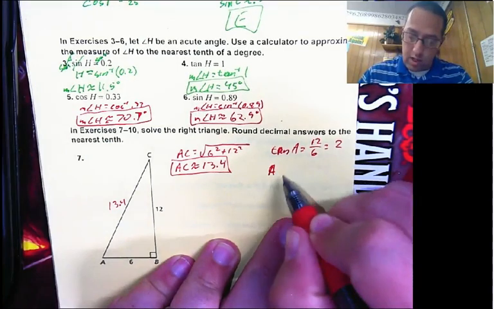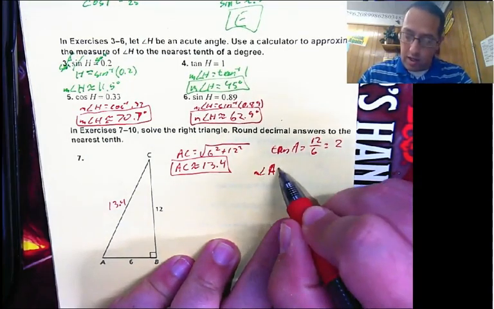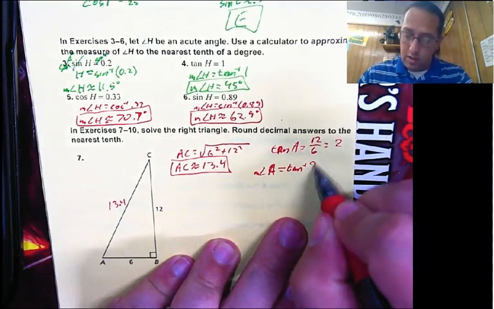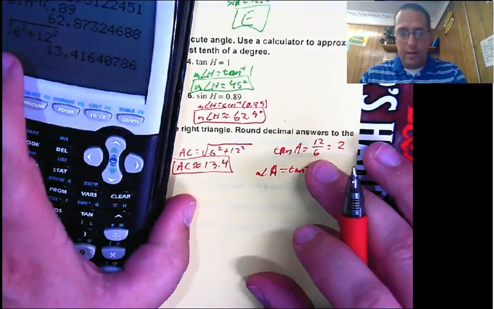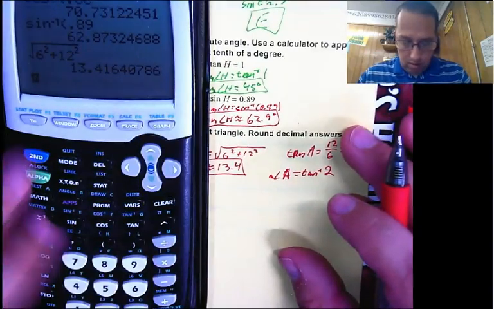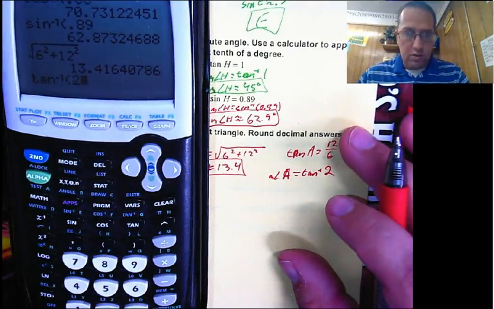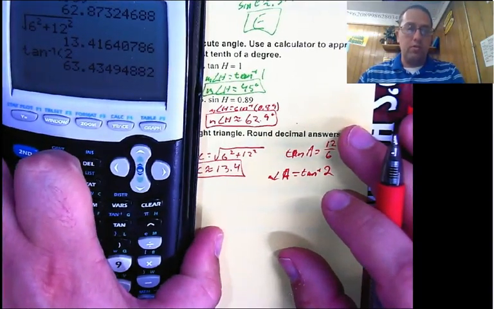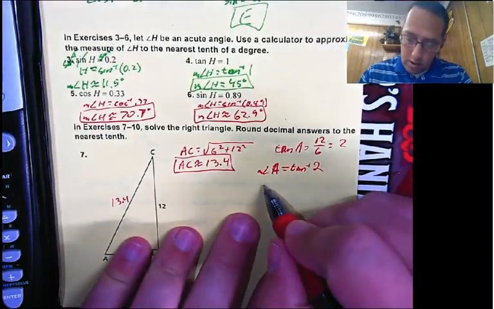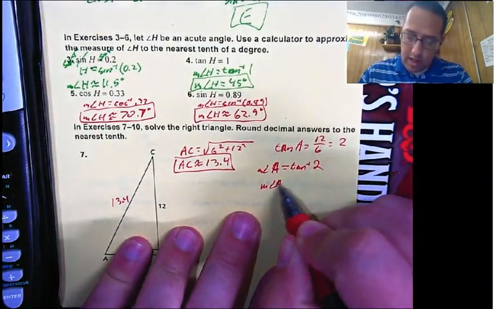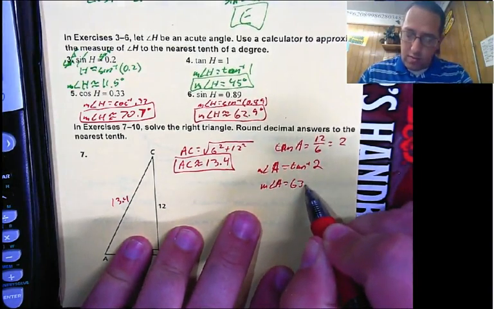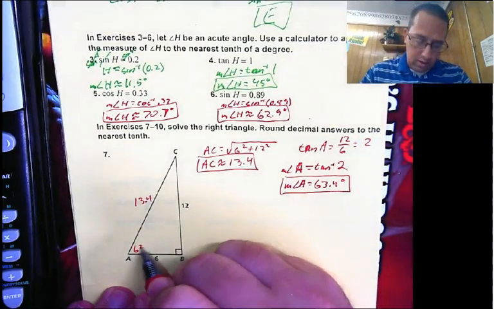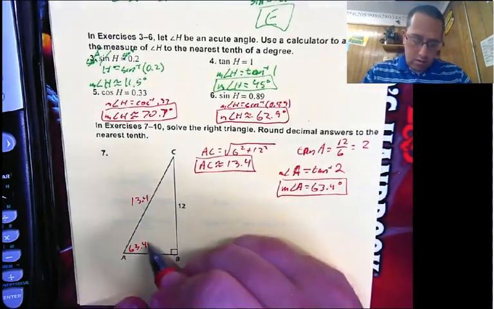So what we're going to have is the measure of angle A equals the inverse tangent of 2. Let's find out what we've got. So inverse tangent of 2 gives us 63.43, rounded to the nearest tenth would be 63.4. So the measure of angle A is equal to 63.4 degrees. All right. Go ahead and put that down here, 63.4 degrees.